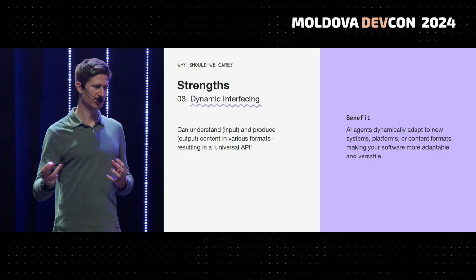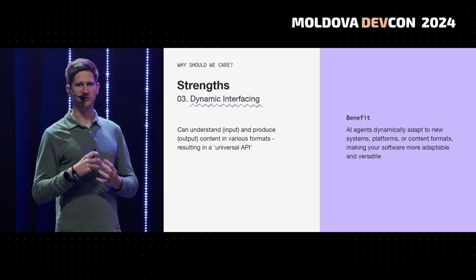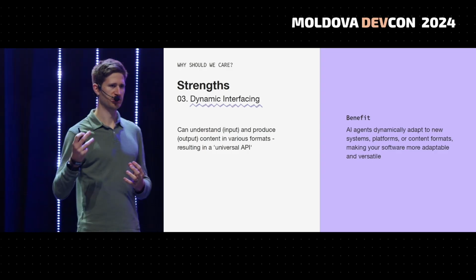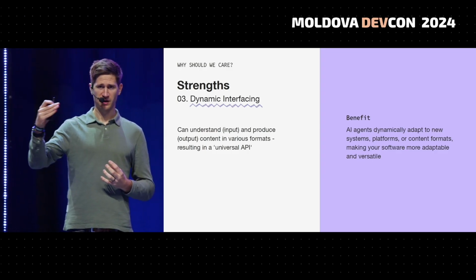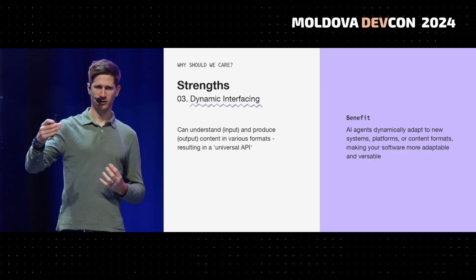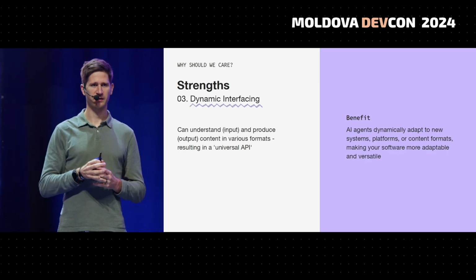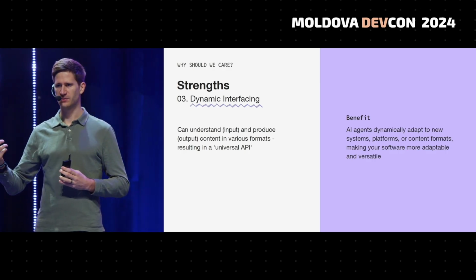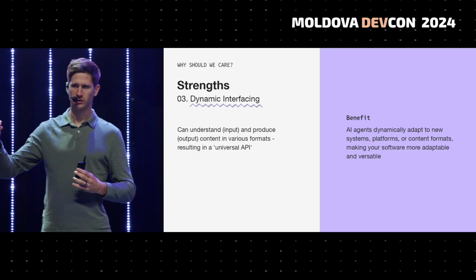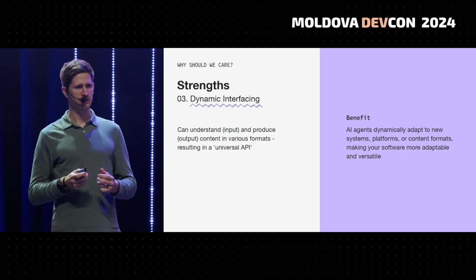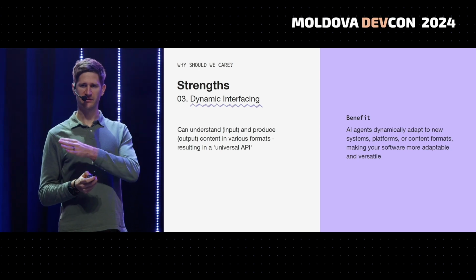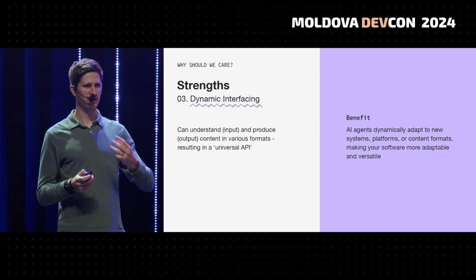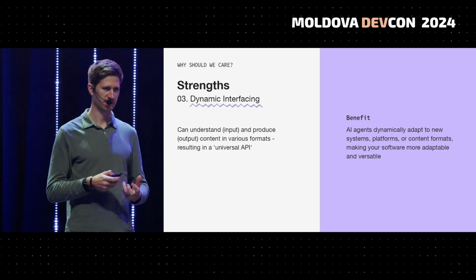Same with the outputs. If it needs to speak to an API that requires JSON in a specific schema, it could discover this API while running, read up on the documentation, what schema it requires, output the JSON in that schema, and you can then make a function call to that API. So it's really powerful in terms of being able to interact with different systems out there without being pre-programmed upfront in order to do it.